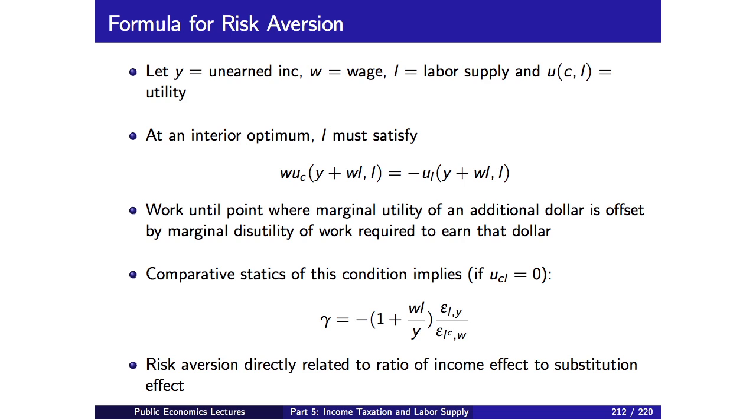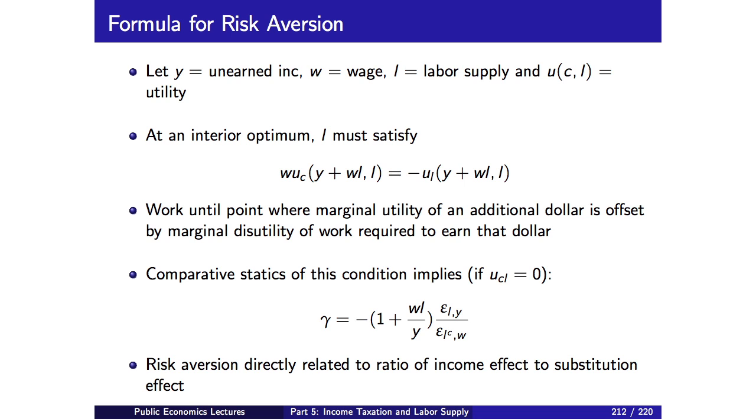Standard condition. Now look at the comparative statics of that condition. In particular, think about 2 experiments. Suppose I randomly give you more cash. So that's the income elasticity experiment, like the Cesarini and Lindqvist paper. And think about an experiment where I vary your wage, holding your total income fixed, so I estimate the compensated elasticity.